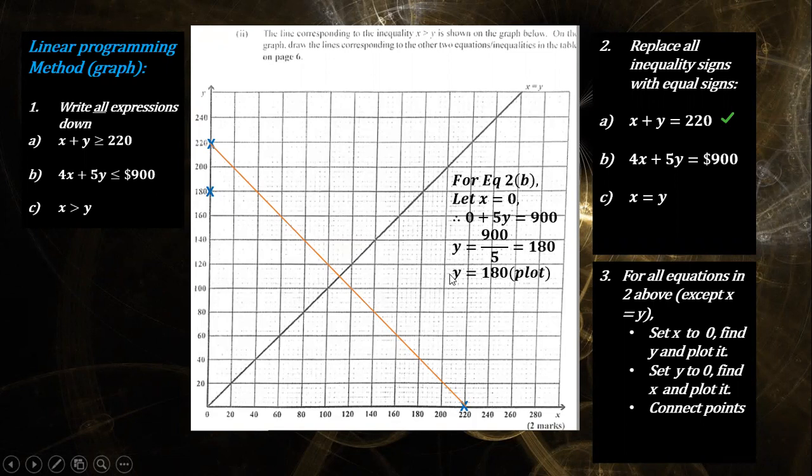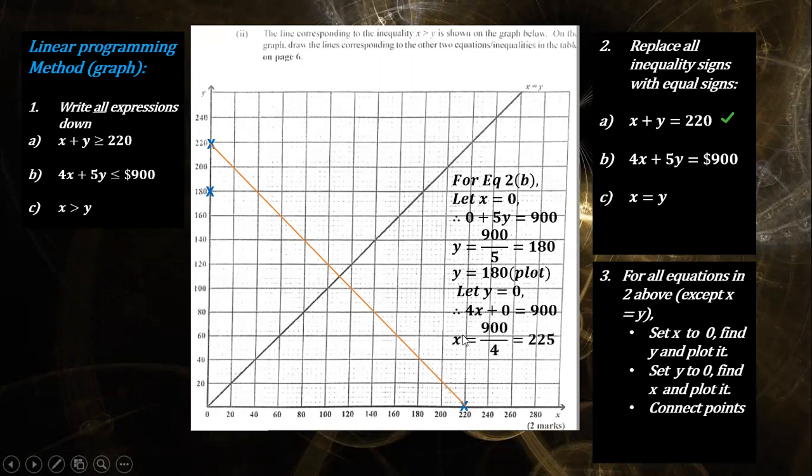And we continue to set y equal to 0. So first we set x equal to 0, then we set y equal to 0. y equal to 0 makes this expression here become 0. So it's going to be 4x plus 0 equals 900. Let's see if we have that. Right? Exactly the same. 4x plus 0 equals 900. 0 is really nothing.